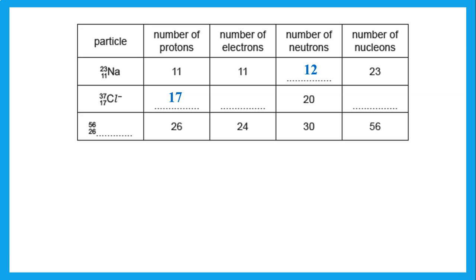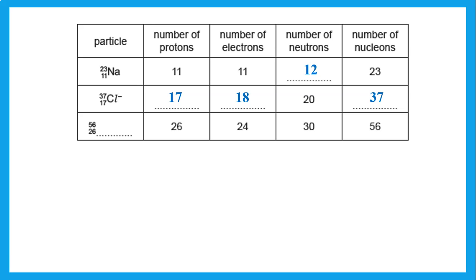As an atom, proton should be equal to electron. But this is something that has negative charge, so it has an extra electron. So instead of 17, it now has 18 electrons. What is the number of nucleons? The number of nucleons is the mass number or the big number, or protons plus neutrons, so that is 37.